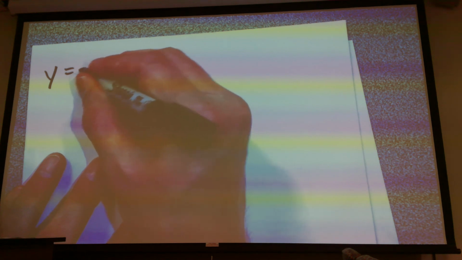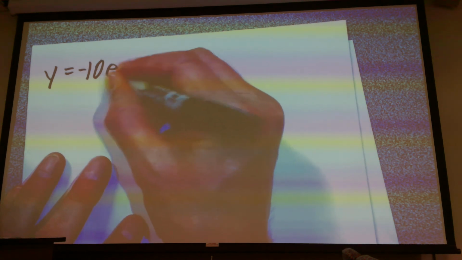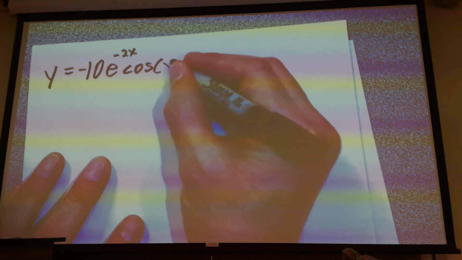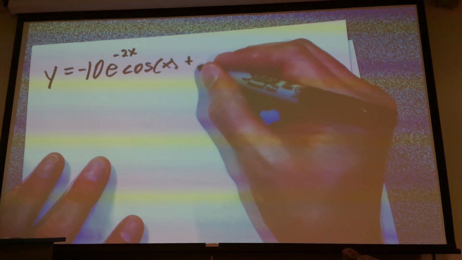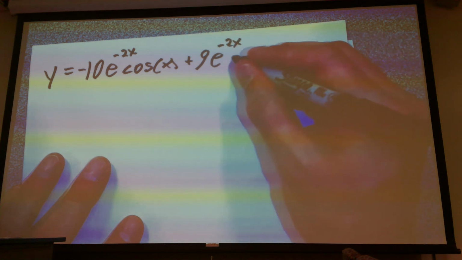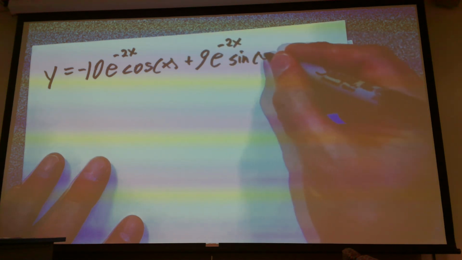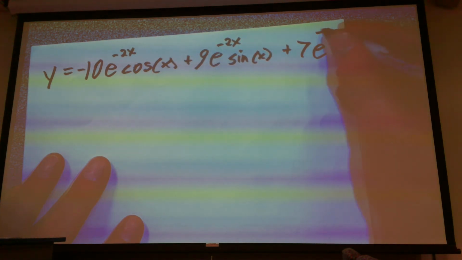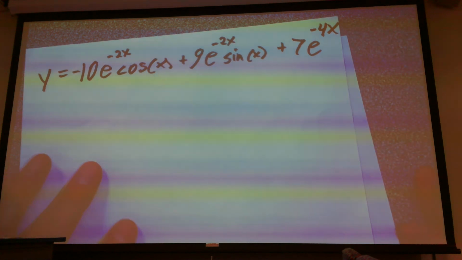So we have negative 10 e to the minus 2x times cosine of x, and then plus 9 e to the minus 2x times sine of x, and then plus 7 e to the minus 4x.